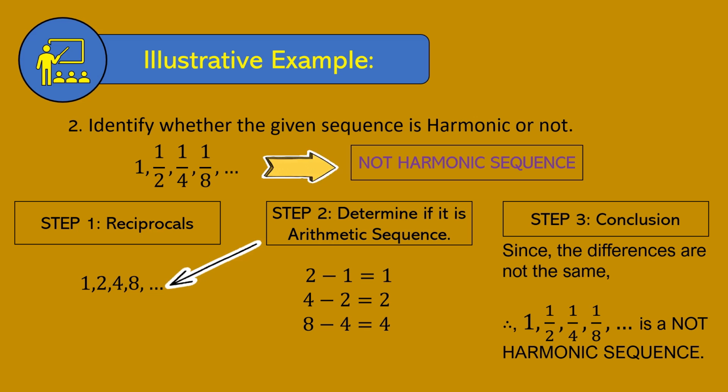Again, why not a harmonic sequence? Because when you get the reciprocal of the given sequence, if that reciprocal sequence is not an arithmetic sequence, therefore the given sequence is not a harmonic sequence.